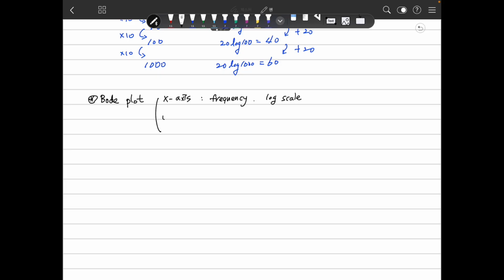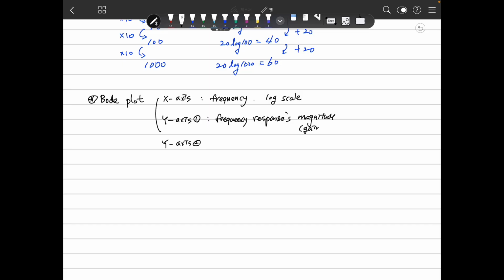And we have two scales, y-axis 1 and y-axis 2. The first y-axis is the frequency response's magnitude.